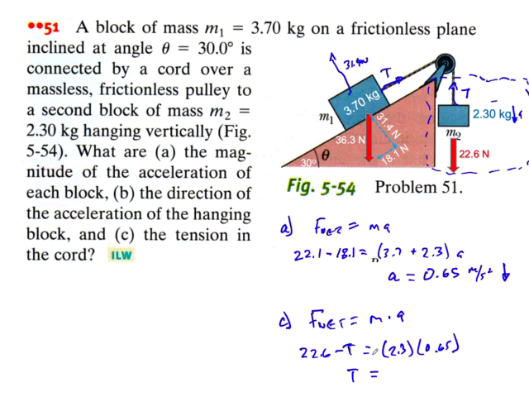Solving for the tension, we end up with 22.6 minus the acceleration times the mass 2.3, and I get that the tension here is 21.1 newtons. And you would end up with the exact same answer if you solved it up here. It just takes a little bit longer.